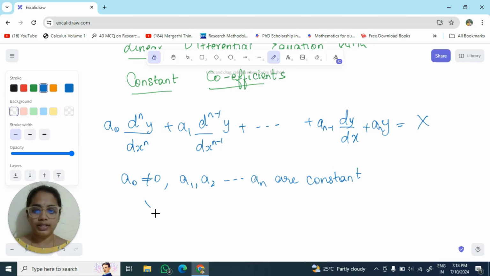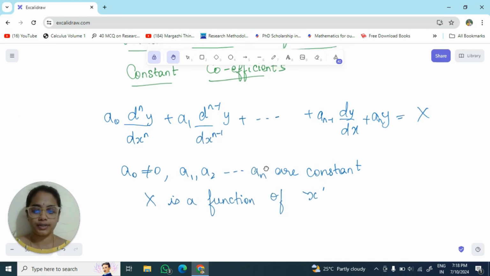And what is X? X is a function of x. It can be sin x, cos x, or any function of x.